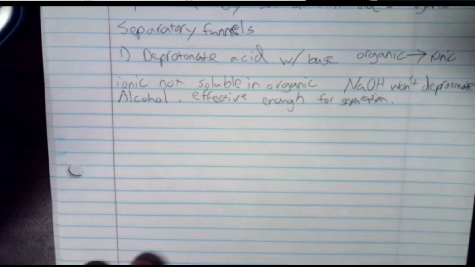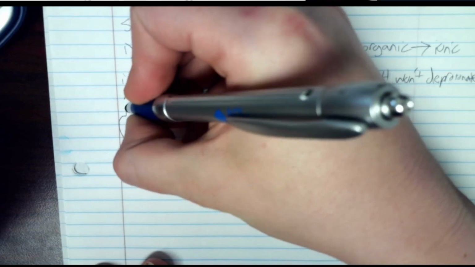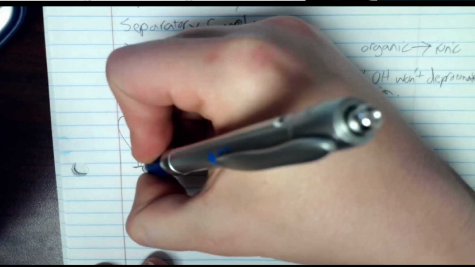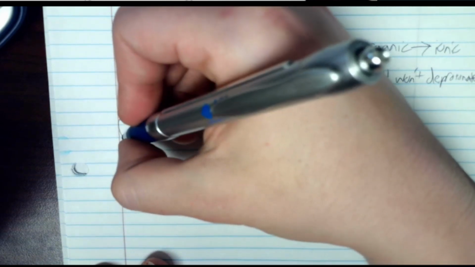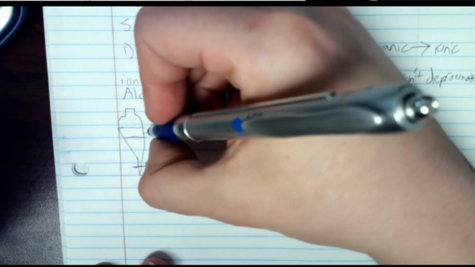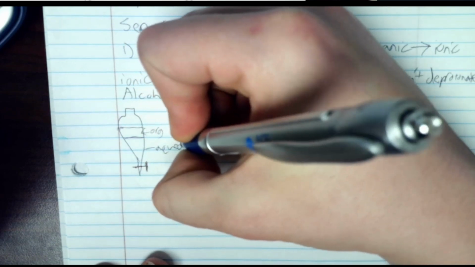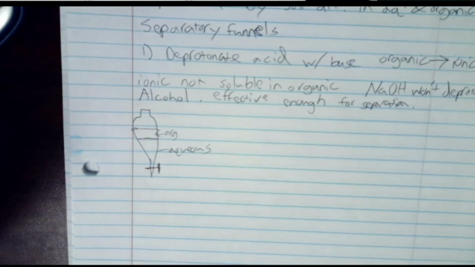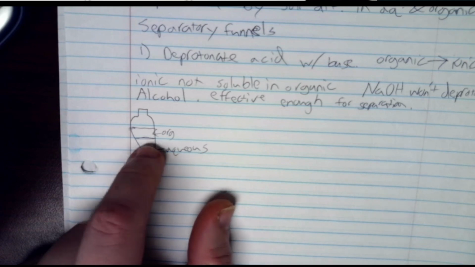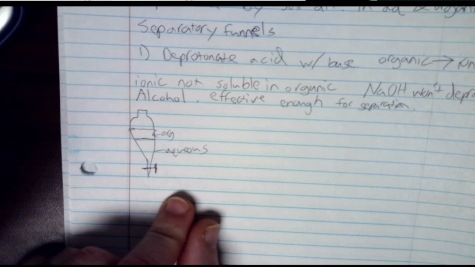But the idea is that if we can make a layer in a big separatory funnel with a stopcock, and we have, say, organic and aqueous, we've got our solvents and our starting material back in here, and we've got our product in there, we separate the product, and then dry it out, and that saves us a lot of time on workup.